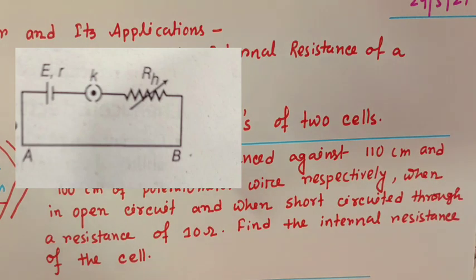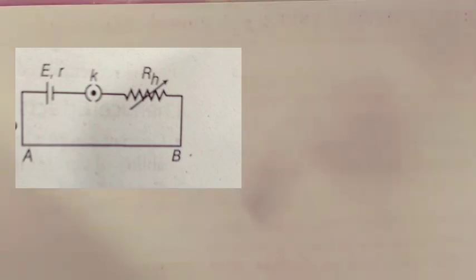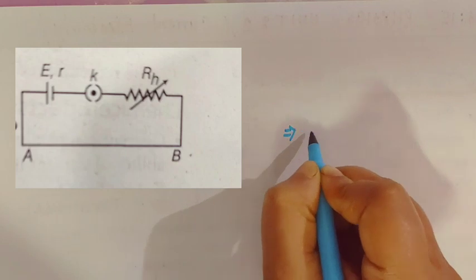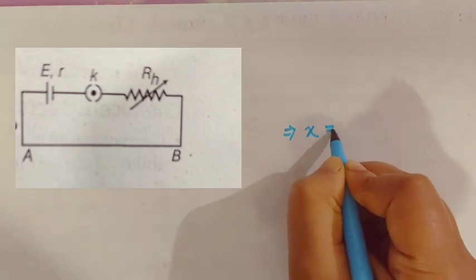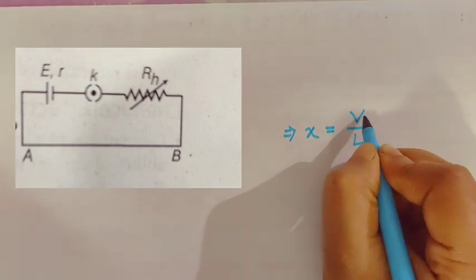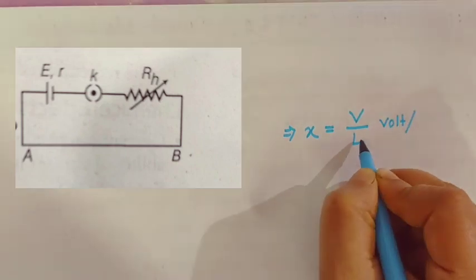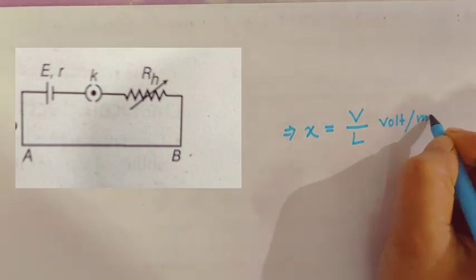Clear? Now from this figure, how can we measure the potential gradient? The potential difference or fall in potential per unit length of wire is called potential gradient. That is, from this figure we can write x = V/L. What is the unit? For V, the unit is volt, and for L, or length, the unit is meter.